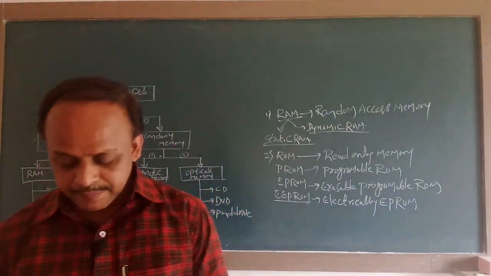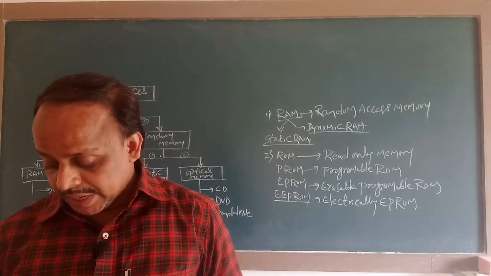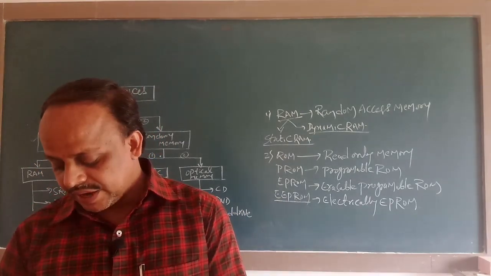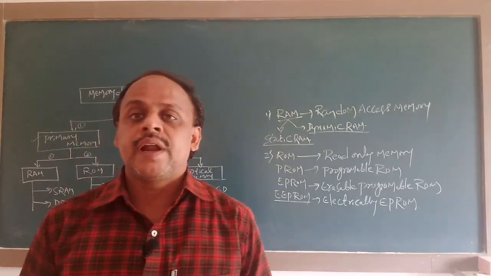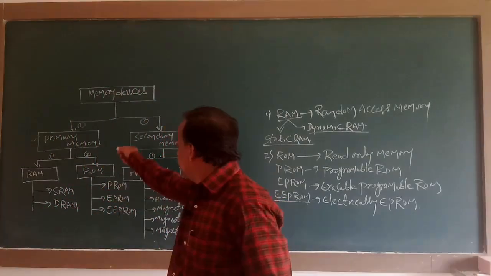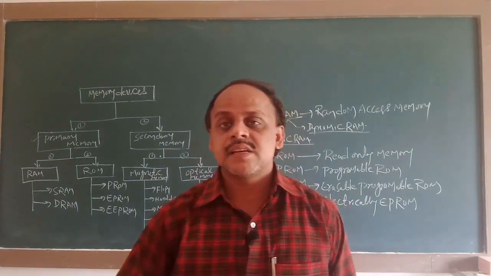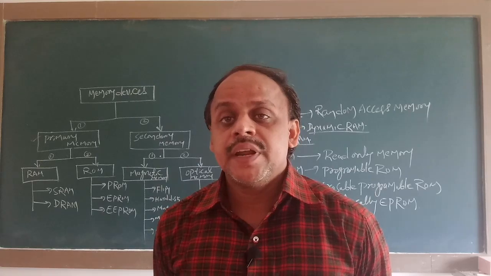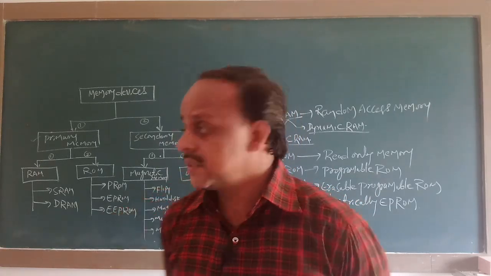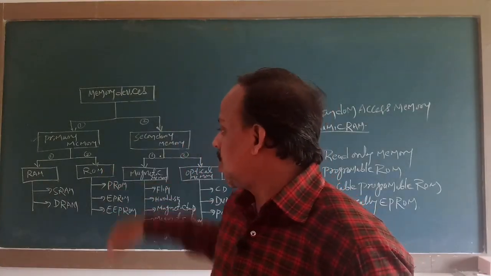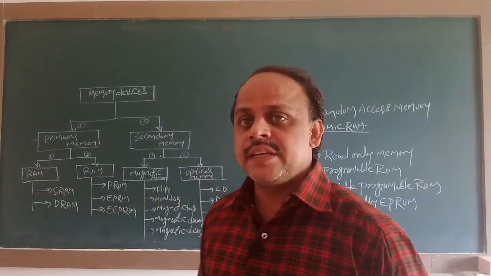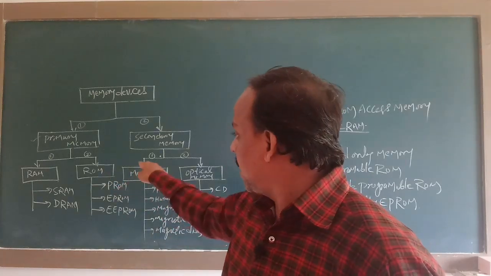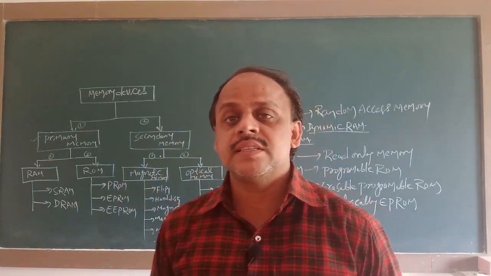Now let us see what a primary memory device is. The primary memory is used to store the intermediate and final results of a program. Why are primary memory devices such as the RAM and ROM useful?